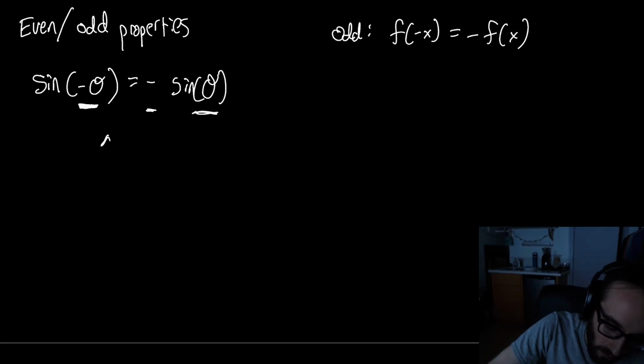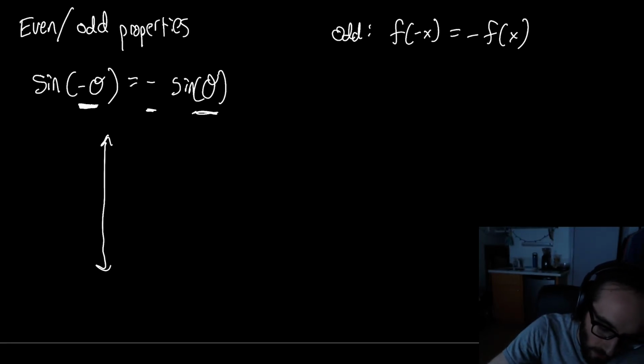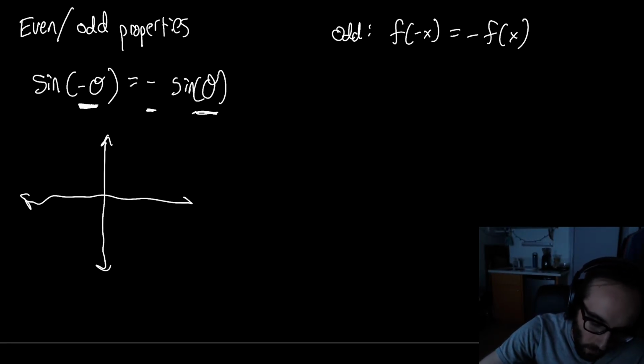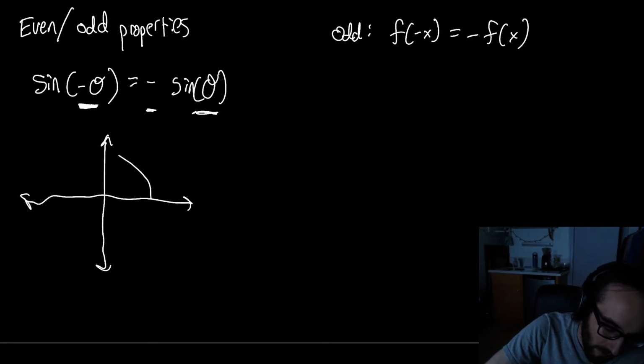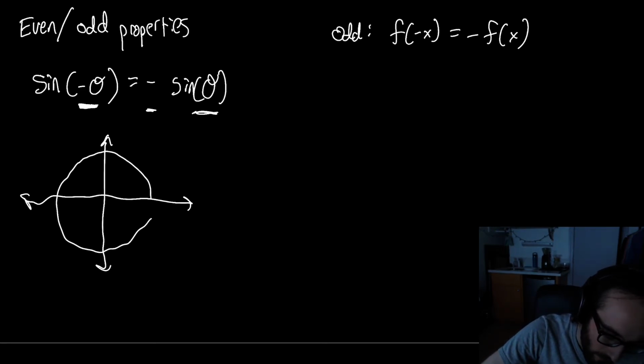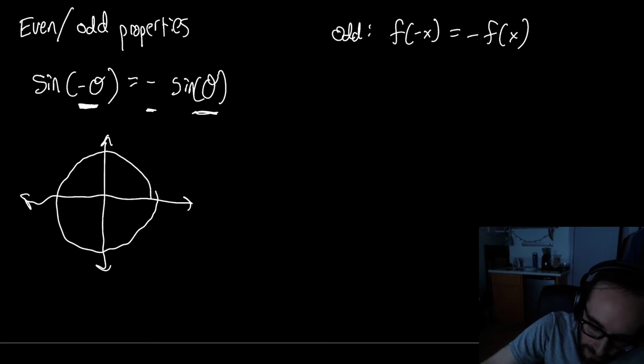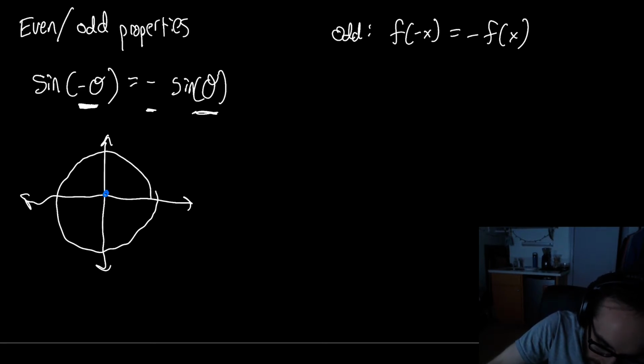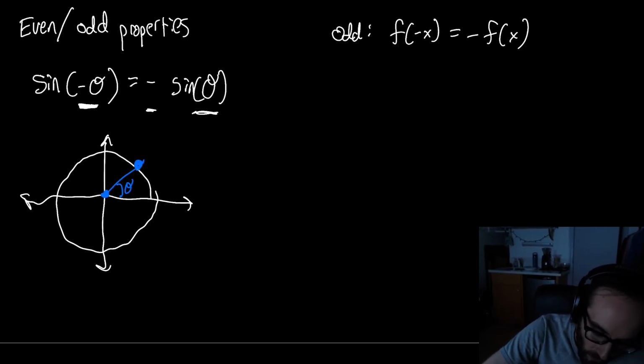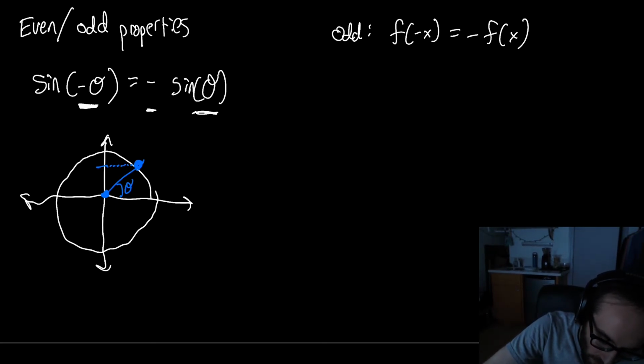And one way to think about this is look at the unit circle and think about what we're doing when we take a negative input. So for example, if we look at theta, and here's our point on the unit circle, and sine is going to be the y value of theta. So here we have sine theta.